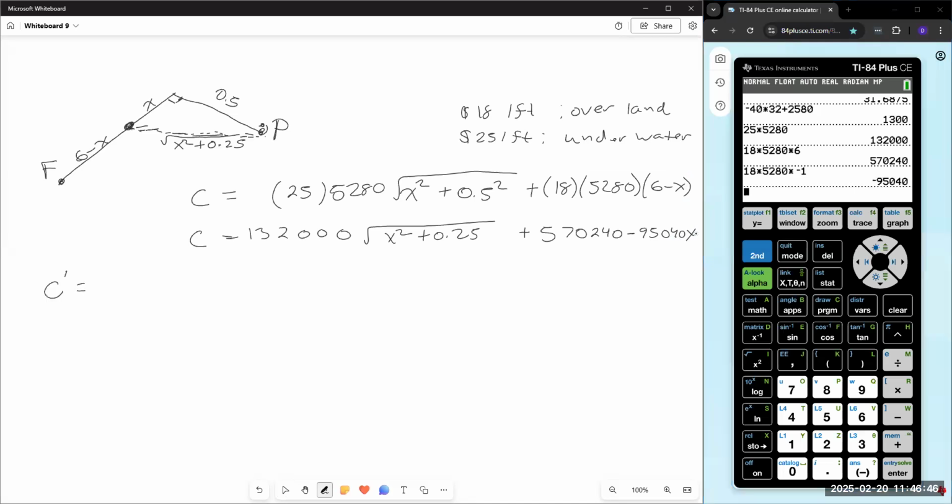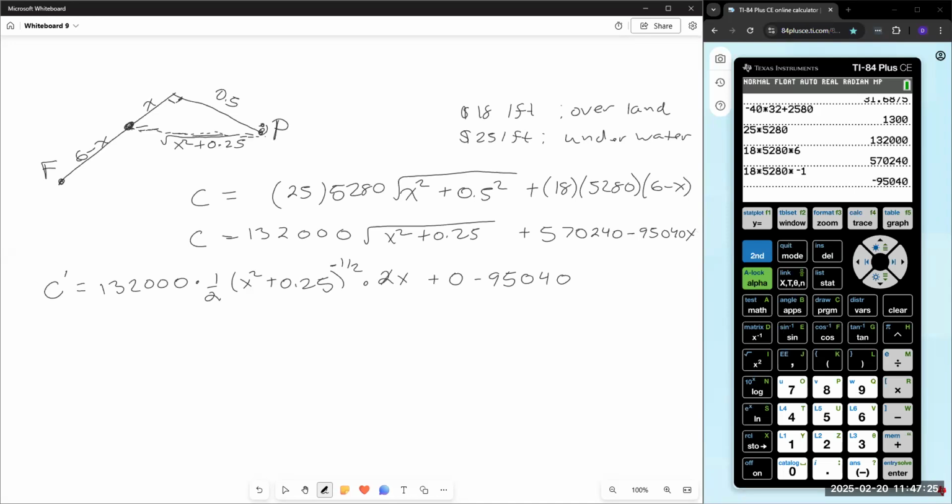And that's going to be 132,000 times 1/2 times x squared plus 0.25 to the negative 1/2 times the derivative of the inside, which is 2x plus 0 for the derivative of that constant, minus 95040.